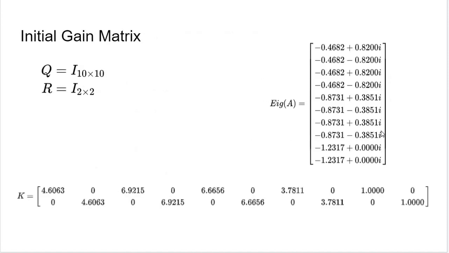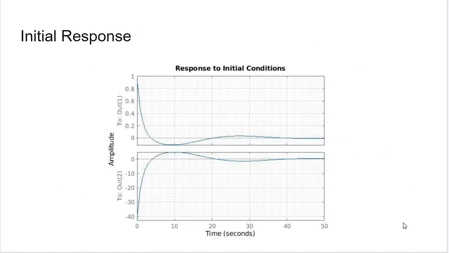So I initially tried using identity as my Q matrix and R matrix, and then analyzed the system. The eigenvalues that I get are something like this, and the K matrix that I get is something like this.